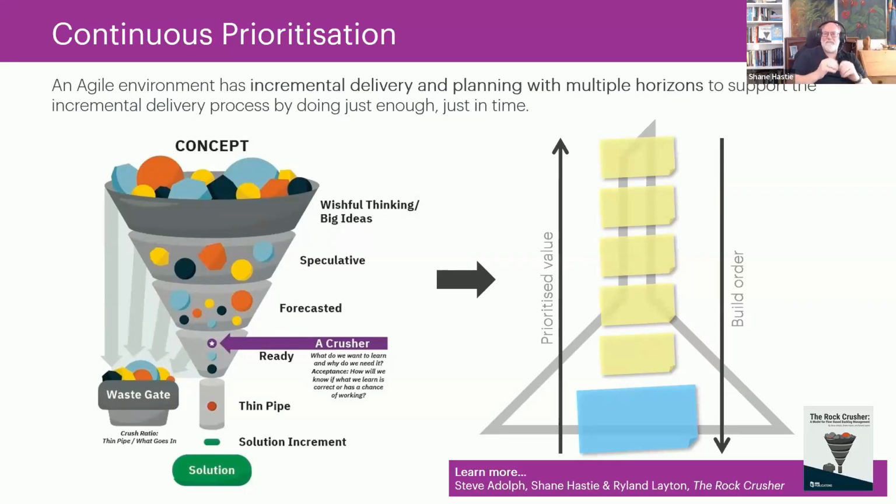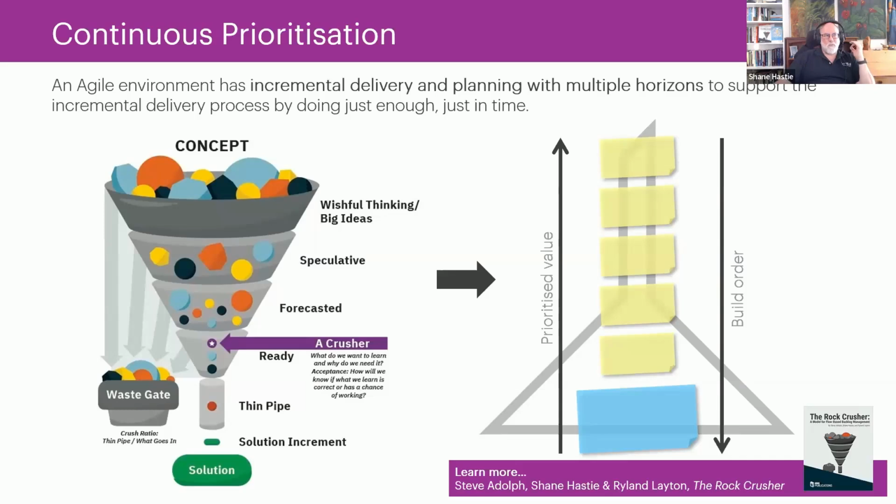So that's at the sort of speculative forecasted level of granularity. Getting right down to a rock that has been crushed to a point where it's ready to go into the team, it could be a user story with a set of acceptance criteria. And the test, of course, is build the thing.